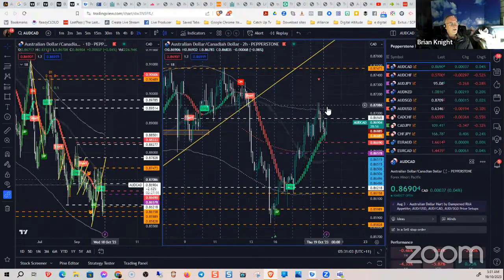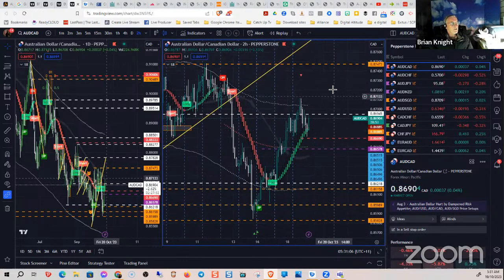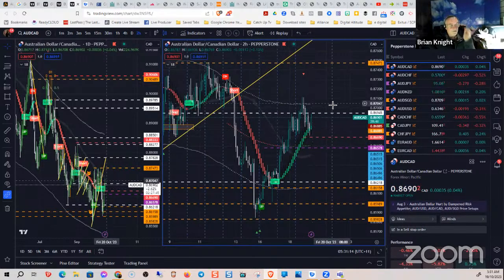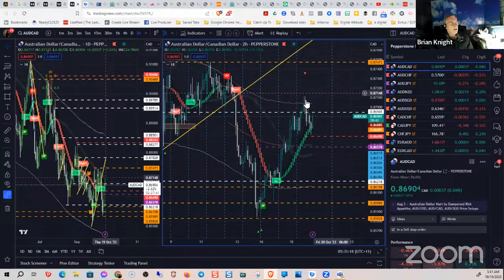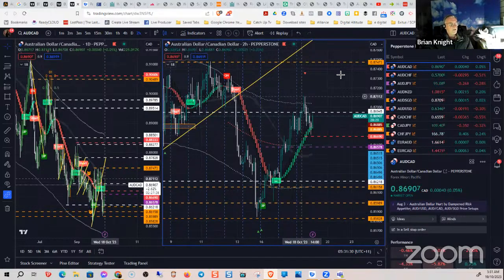We don't have a short as yet. We do have a little triangle up the top here for potentially changing direction. The reason we've got that is because it's just poked out of the bands, or the outside area.